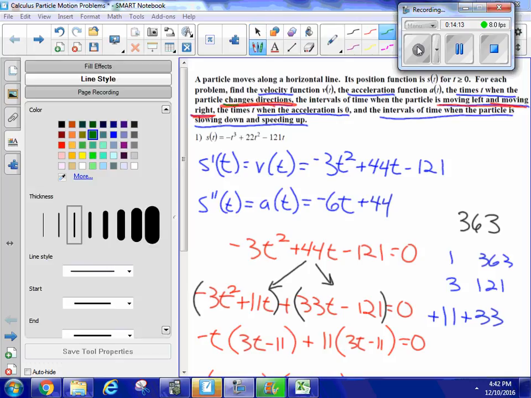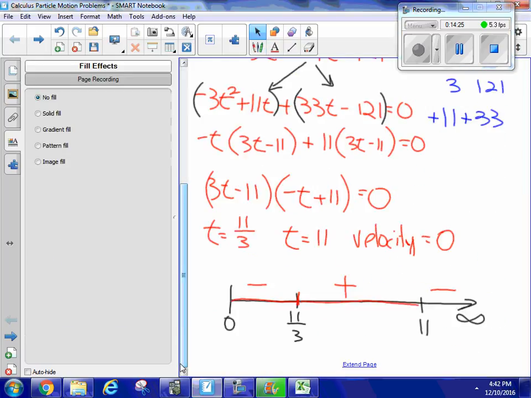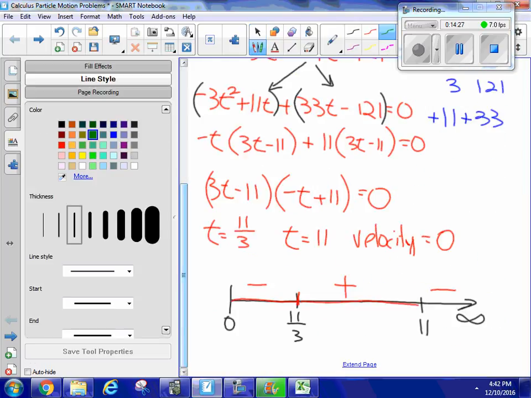And I've also found out when it's moving left and when it's moving right, because when I'm going in a negative direction, I'm going left, just like it was on a number line. When I'm going in a positive direction, I'm going right. And when I'm going in a negative direction again, I'm going left.